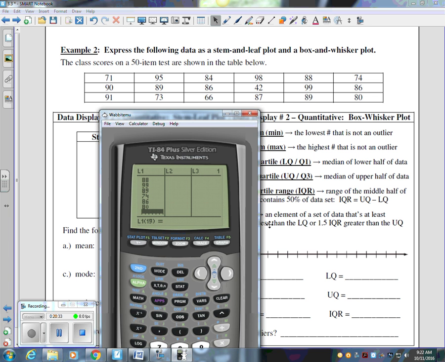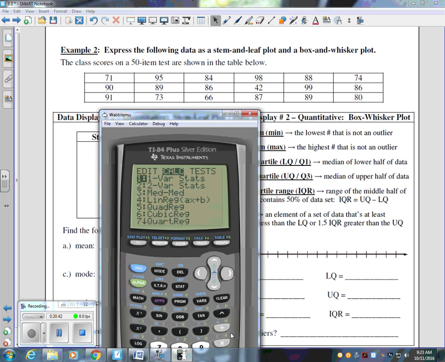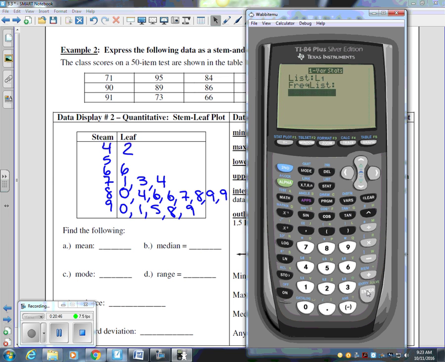They're right here too. And I'm going to do stat over to calc. Choose the first one. Enter, enter, enter.